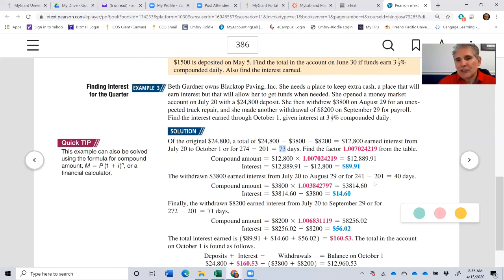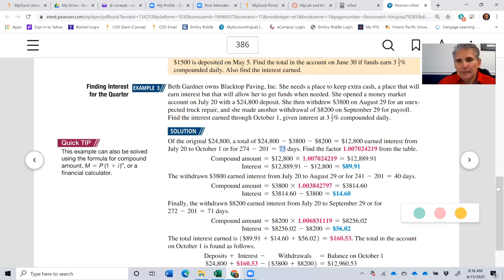And we do the computations, and we end up with 40 days between that period of time. Now we look up on the table, 40 days at 3.5%. The factor is, that's the factor. We're going to take that factor, multiply it by $3,800, and we come up with the maturity value of $3,814.60. We subtract from that the original deposit of $3,800, so $3,814.60 minus the $3,800, that gives us $14.60.